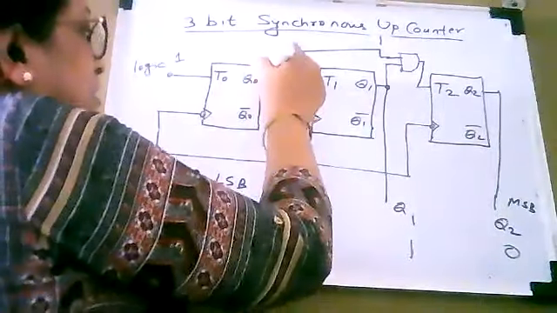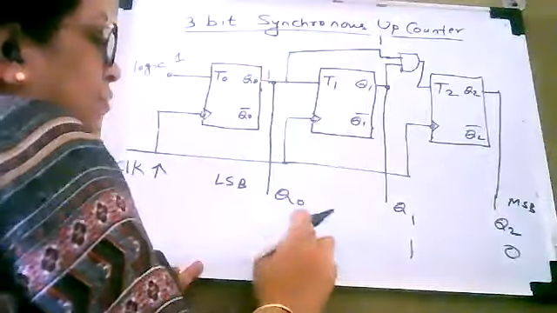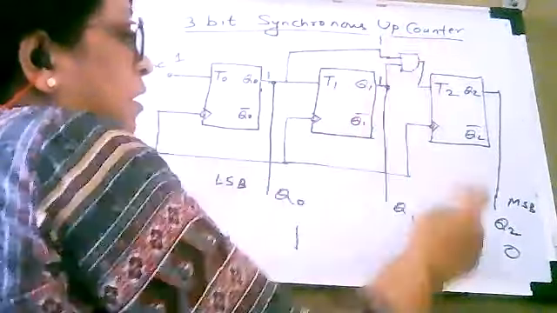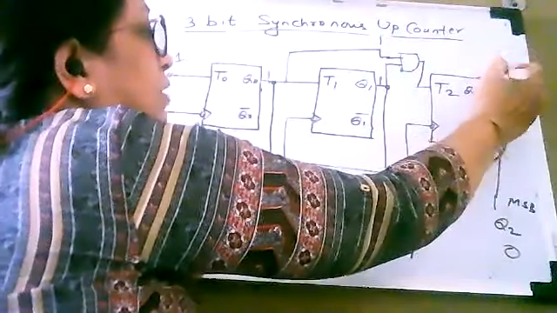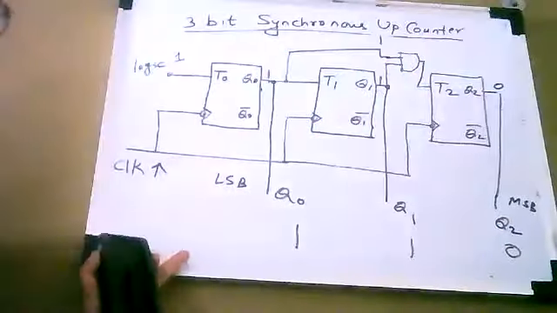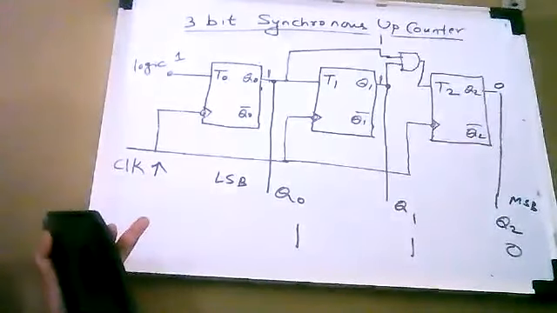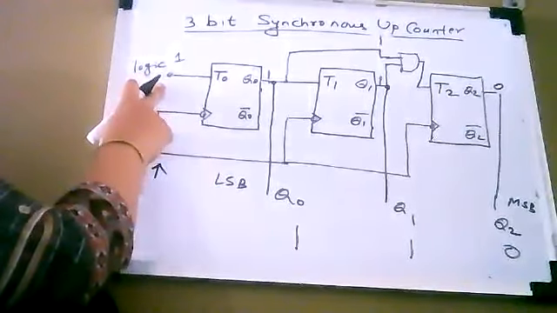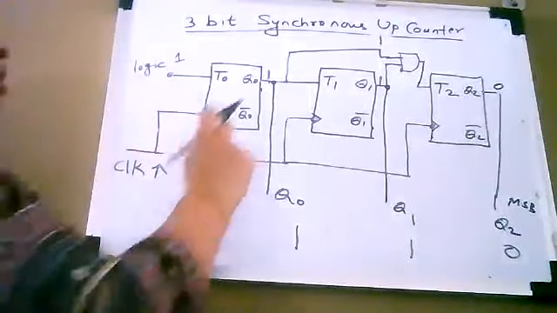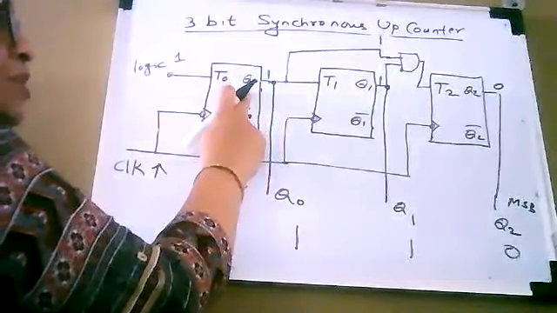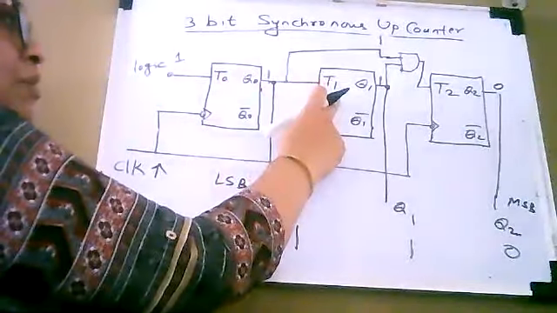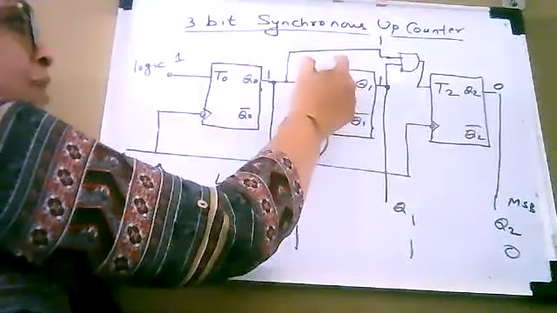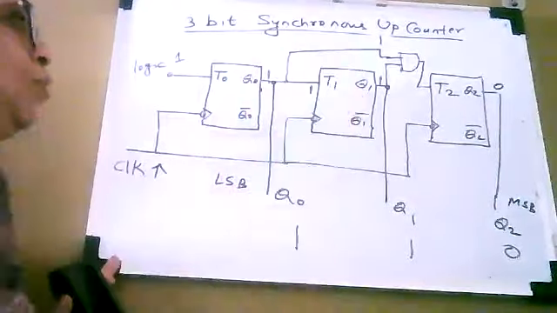Your previous states are: Q0 is at logic 1, Q1 is at logic 1 and Q2 is at logic 0. Now let us check the inputs of each and every flip-flop. The input of the first flip-flop is permanently tied to logic 1. No question about this. The output of the first flip-flop is given as input to the second flip-flop. So the output of the first flip-flop is at logic 1 and therefore the input of the second flip-flop will be at logic 1.